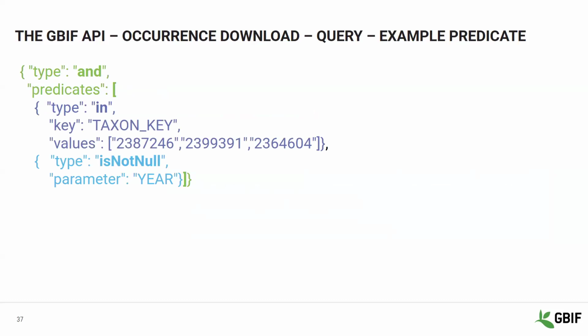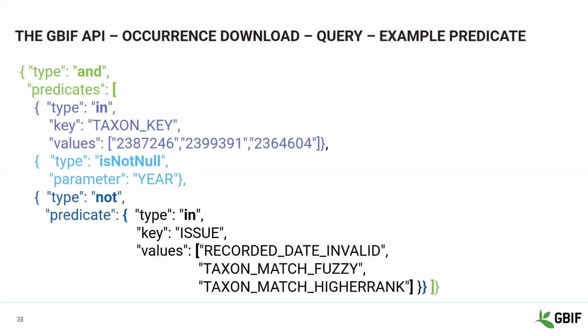And then you can also say that I don't want any data that has null here, so there is a not null here, so that you want only the data which has year specified. So this is how you can go on building a little bit more complex query.